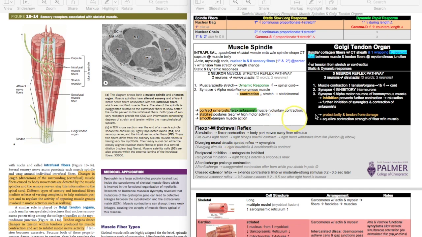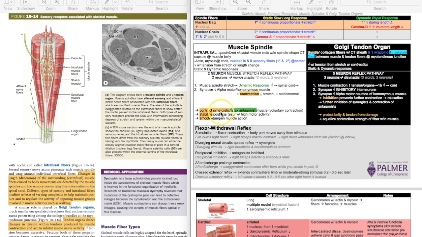Okay, and then beyond just that same muscle, it can act on synergists and antagonists in the opposite fashion of the muscle spindle. So, put it real simply, muscle spindles will increase contraction. Muscle spindles will stimulate further contraction of the muscle that's doing the work.